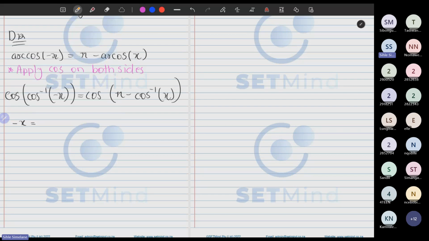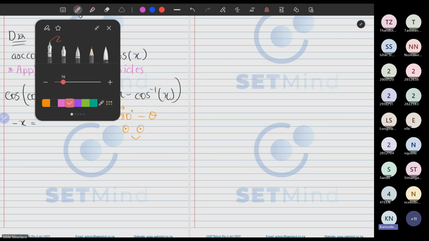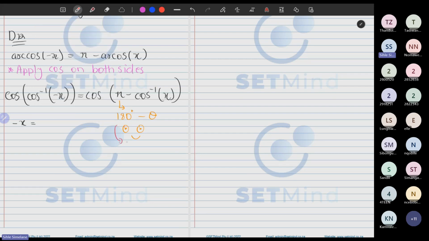On point. What we should remember from back in the days is that when you have 180 minus an angle, which quadrant would you think of? Second quadrant. And what would be cos of 180 minus theta equal to?